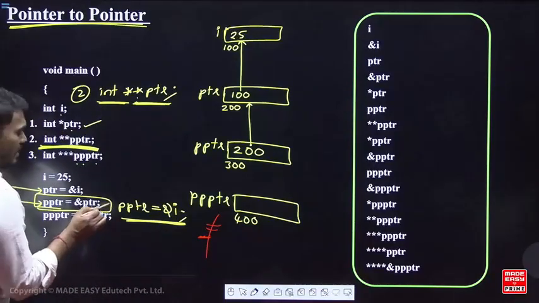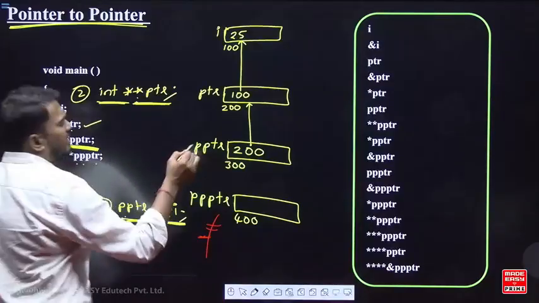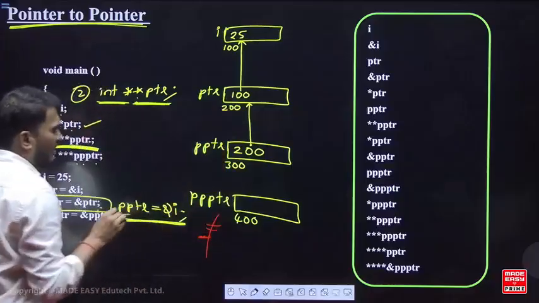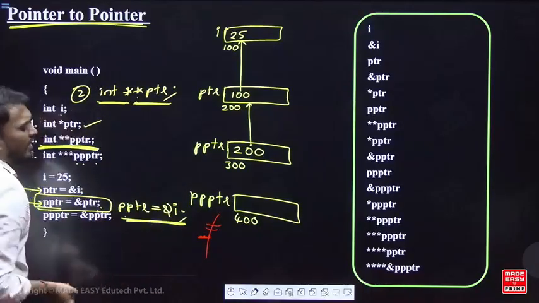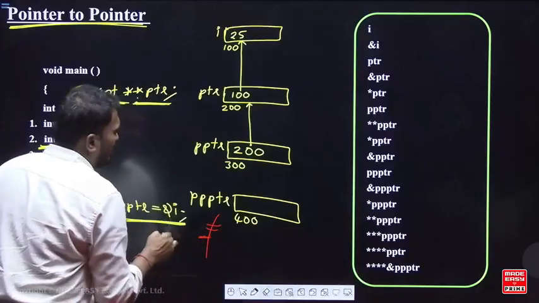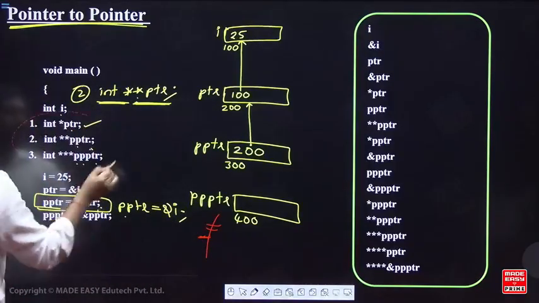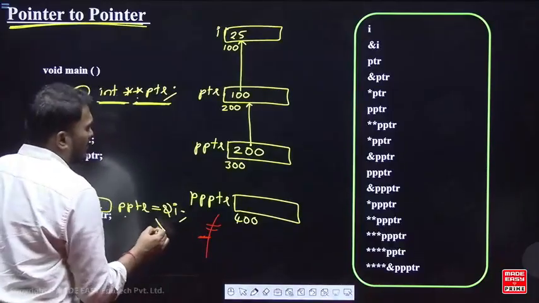So in PPTR, the double pointer, I am storing the address of I. If I write like this, remember, that is not allowed.